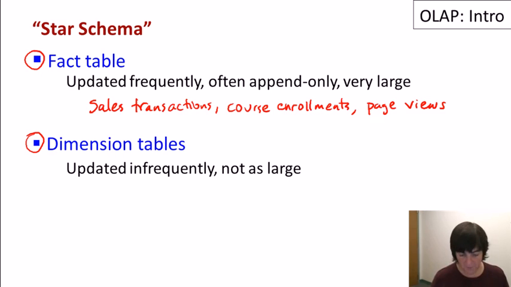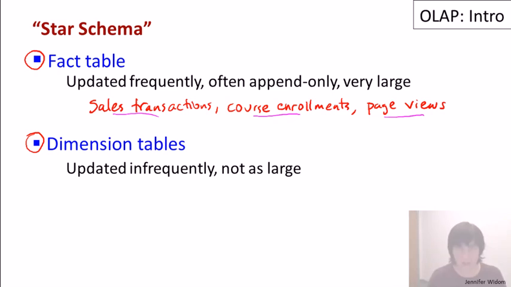So examples of a fact table might be sales transactions in a sales database, or in a university database, maybe students enrolling in courses, or in a web application logging the page views. In all of these cases, we can see that the fact table can be very large and can be append only, so inserts only.